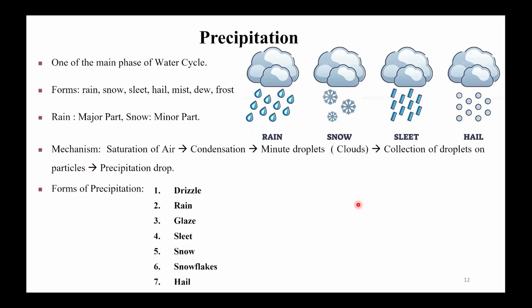When will they form a droplet? It is shown here. The mechanism we are seeing is that condensation occurs, and simultaneously it has to find the presence of hygroscopic condensation nuclei.